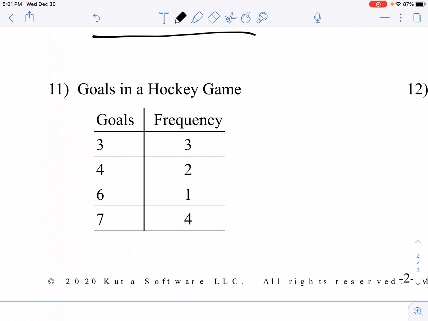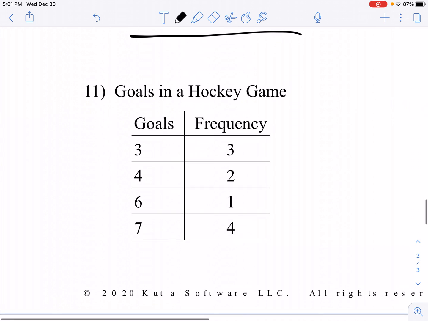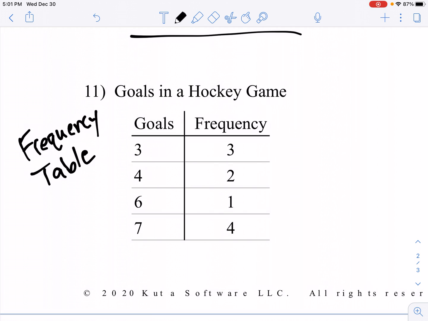Now, with the frequency table, it's similar to the idea of the stem and leaf plot, but not exactly the same thing, but it has the same idea where you're listing the frequency of how many times a certain event occurred. Okay, so this is a frequency table. Now, the way you would read this is, it means goals in a hockey game.